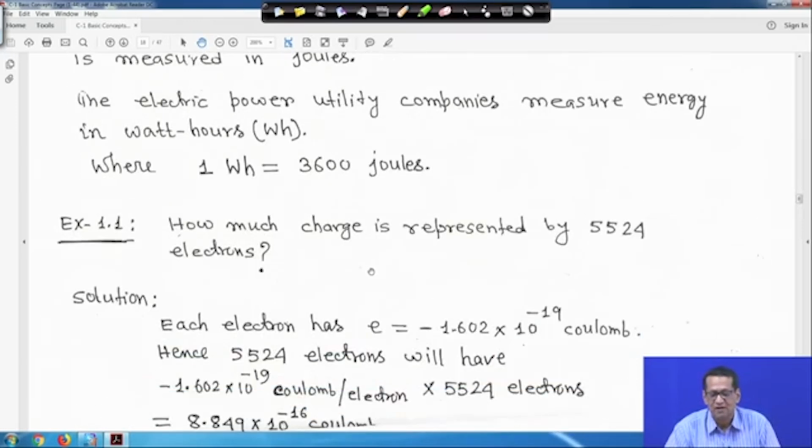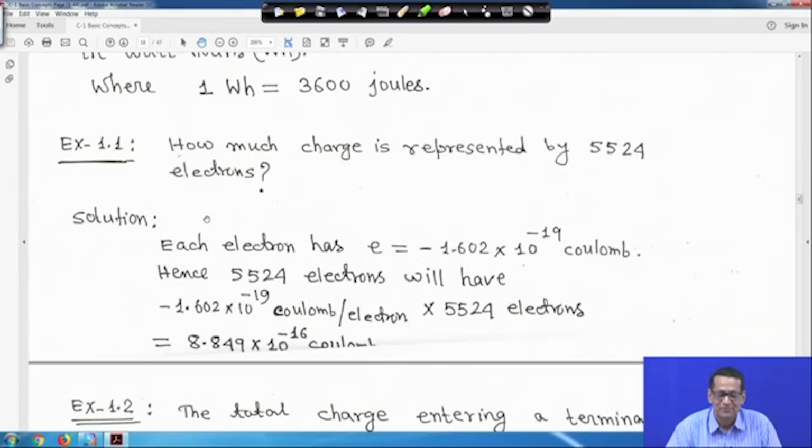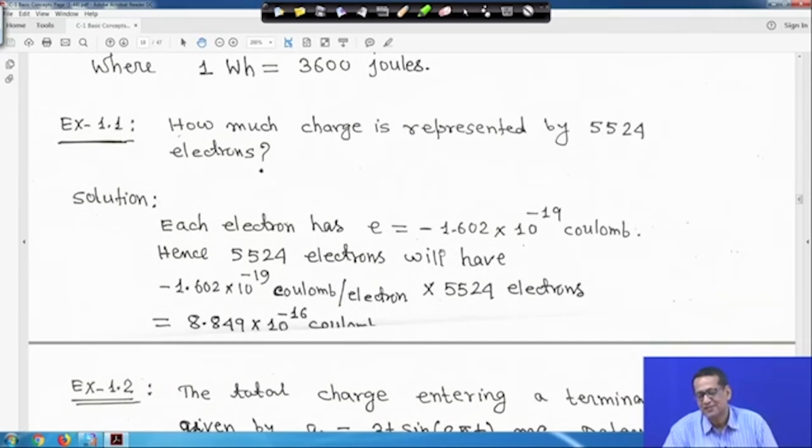Now come to a few simple examples. How much charge is represented by 5524 electrons? This is example 1. Each electron has e equal to minus 1.602 into 10 to the power minus 19 coulomb, that we know.